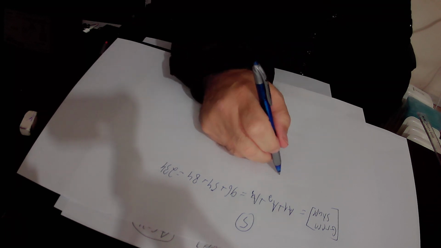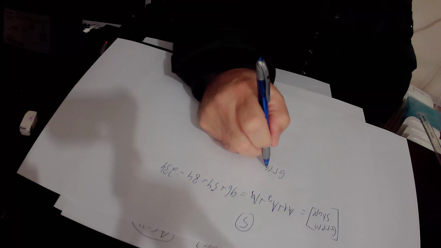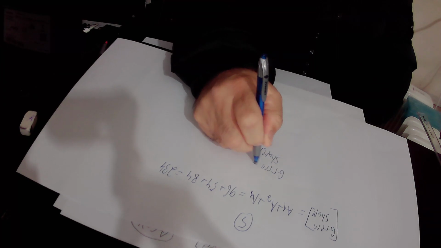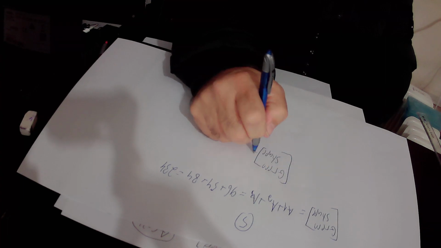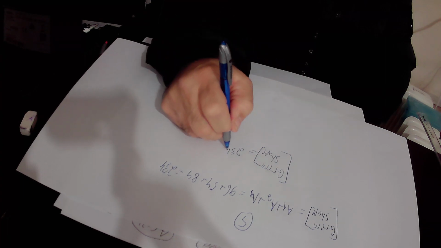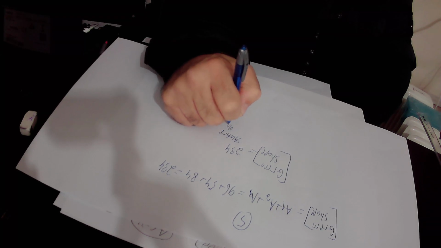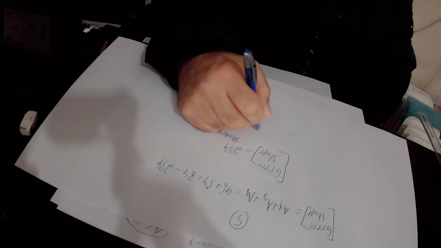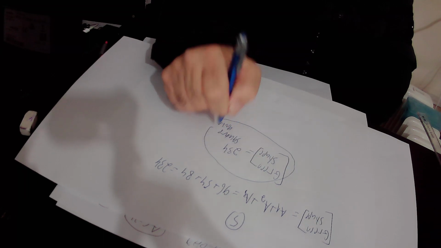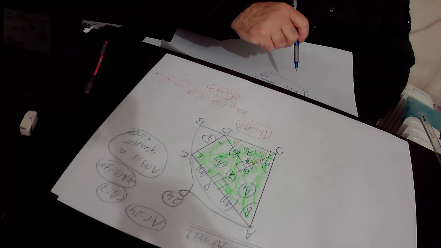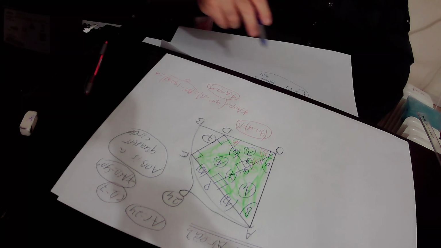So I found out that the area of the green shape in total equals 234 square units. Repeat again, the area of this green shape in total equals 234 square units.